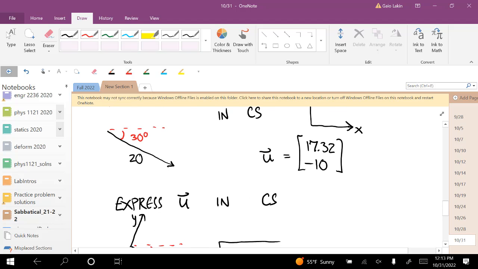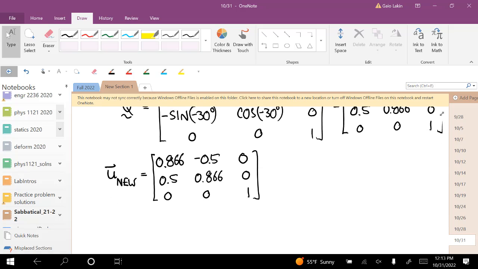So that was 17.32, negative 10, and z is 0. We're working in the xy plane. So you get 0.866 times 17.32.